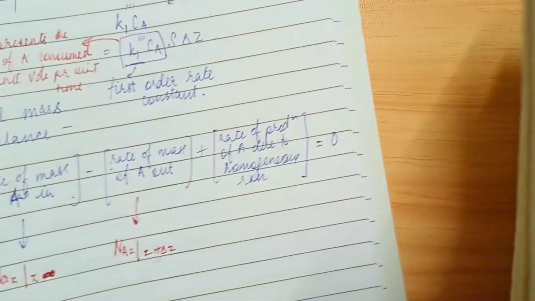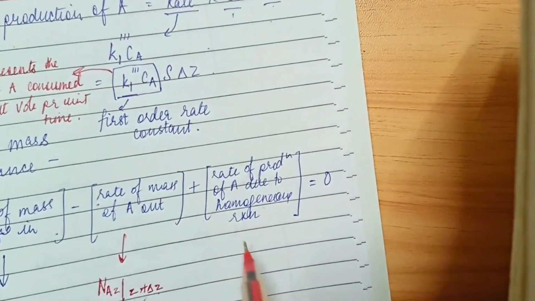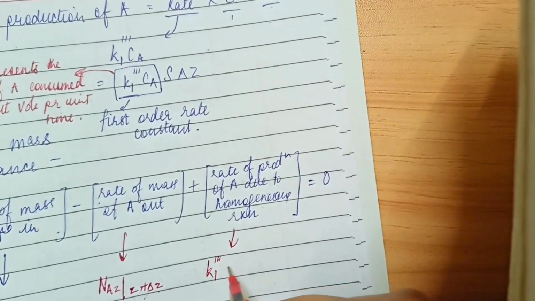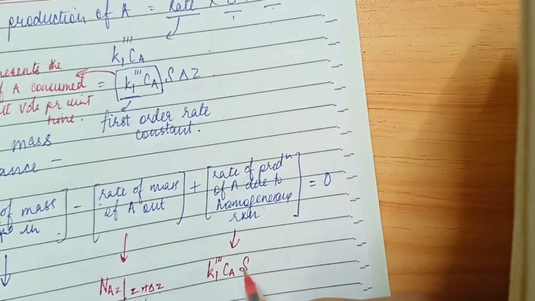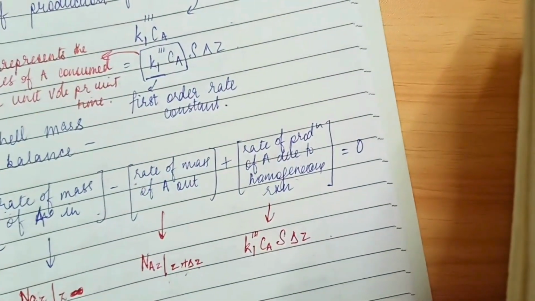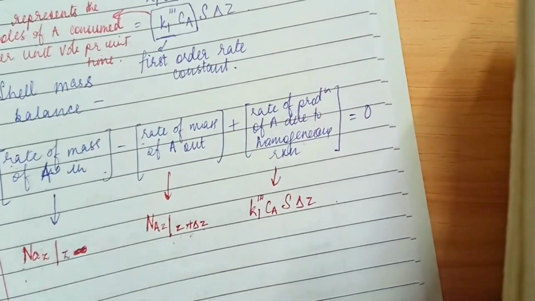and the rate of production of A due to the homogeneous reaction can be written as K1 triple prime CA into S delta Z. Now we put all the three terms into the shell mass balance.